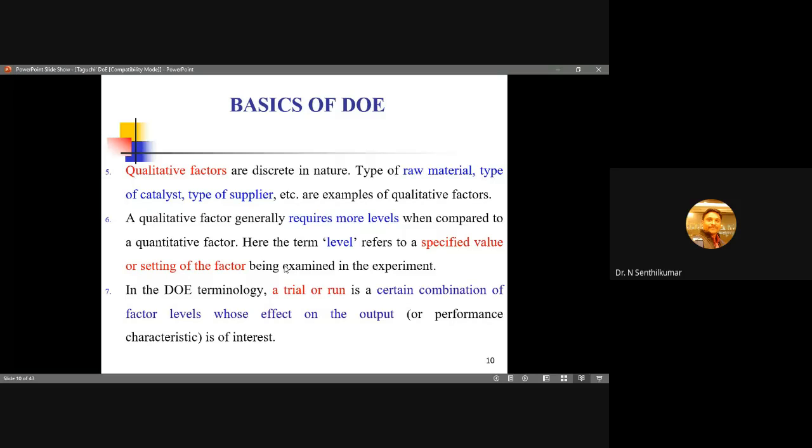For that combination only we are going to do the experiment, and that is called an experimental run or experimental trial. By changing this, we are going to identify the effect of inputs on the outputs. We can consider one output, two outputs, 5 outputs, whatever outputs.